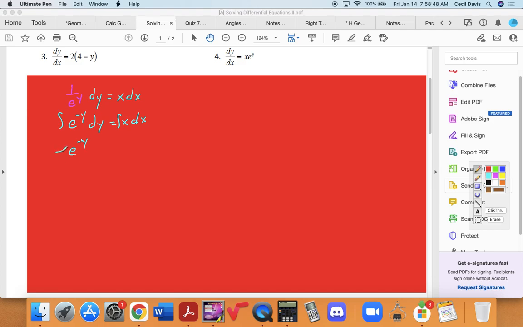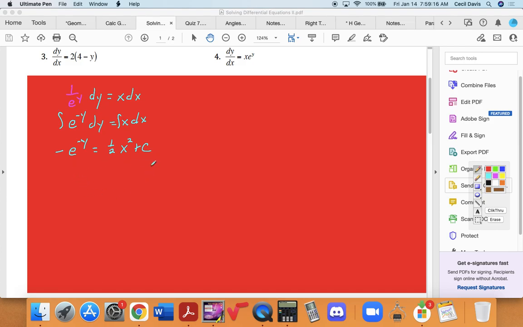So to undo that, I'm going to put a negative here, is equal to 1/2 x squared plus c. So was it the left side that gave you trouble? Yeah. I'm trying to get you to think more about being able to do an antiderivative by sort of undoing the chain rule.